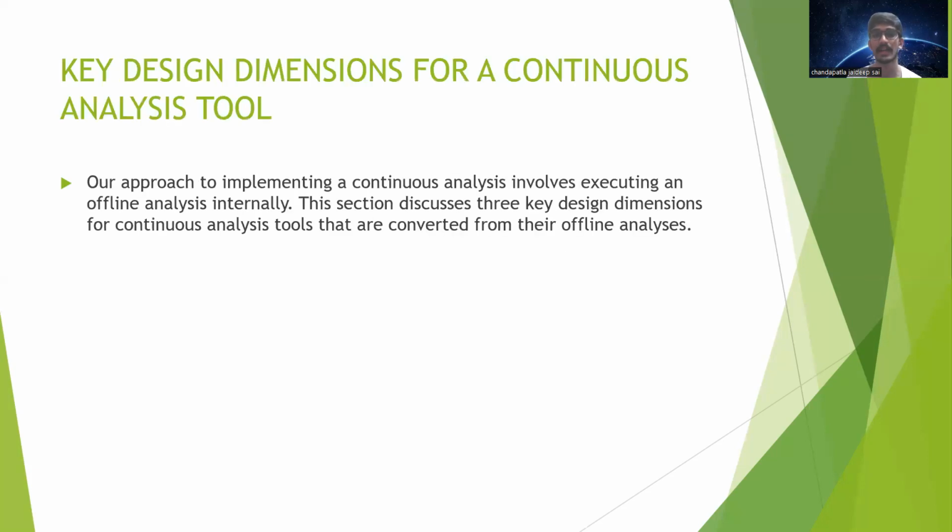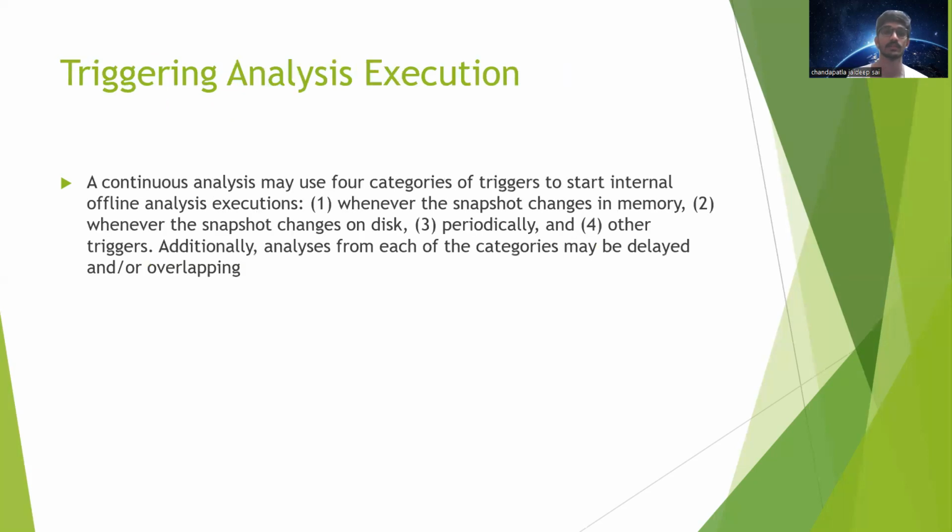Key design dimensions for a continuous analysis tool. Our approach to implementing continuous analysis involves executing an offline analysis internally. This section discusses three key design dimensions for continuous analysis tools that are converted from offline analyses. Triggering analysis execution.